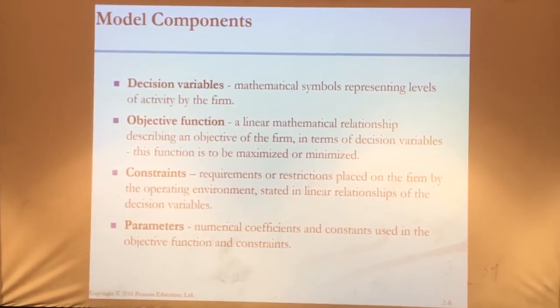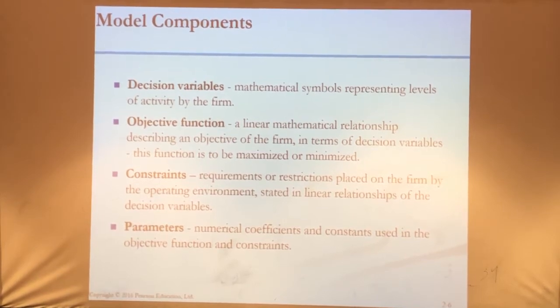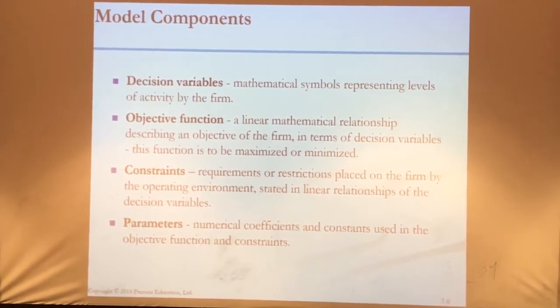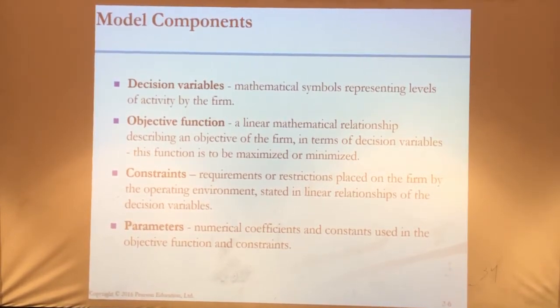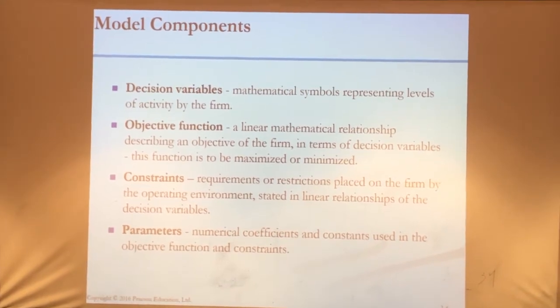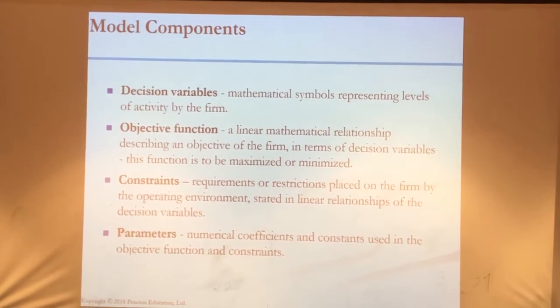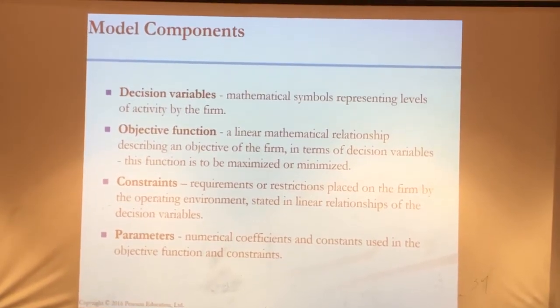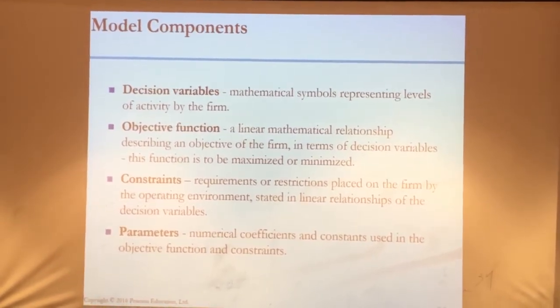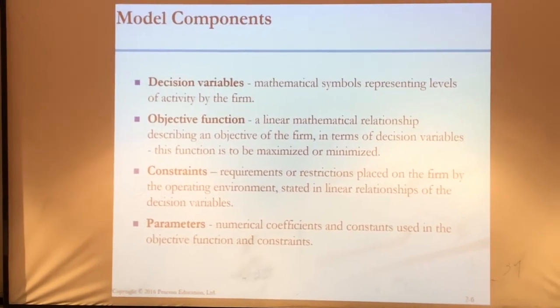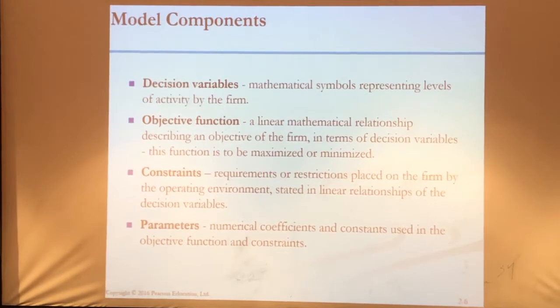The decision variable could also be how to minimize the total transportation cost, or maximize the efficiency of people, in such a way that we allocate or assign the people according to their efficiency. So these decision variables are the things which we have to decide.